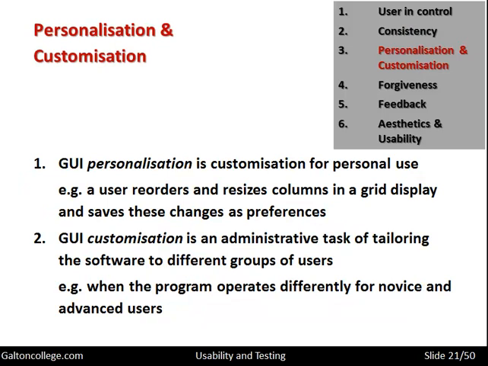Personalization and customization. GUI personalization is customization for personal use. For example, a user records and resizes columns in a grid display and saves these changes as preferences. That may be possible.